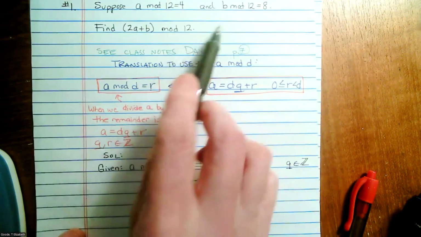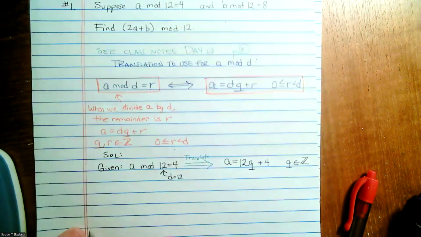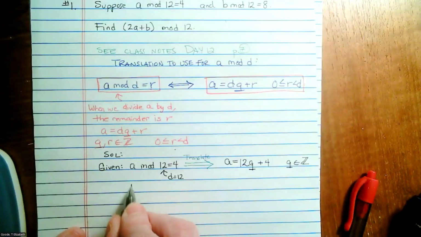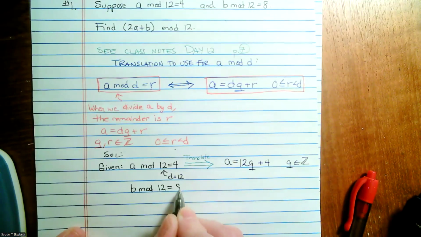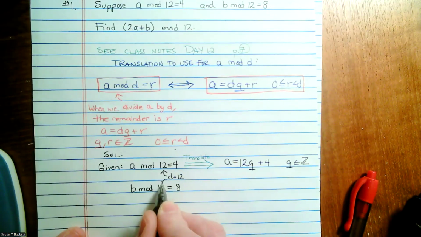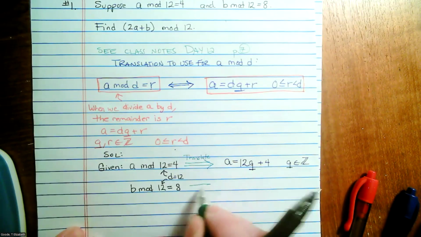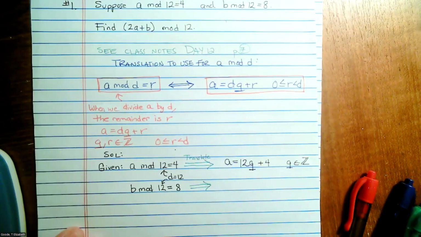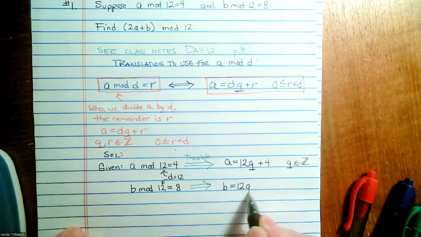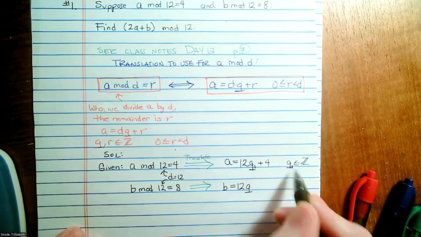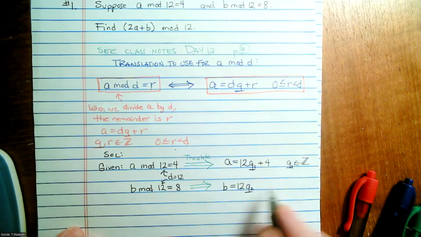We're also given that B mod 12 is 8. That means that when we divide B by 12, the remainder we get is 8. It's the same divisor. So when we translate that to an equation about B, it tells us B is 12 times Q, I'll call this Q1 and we'll call this Q2, plus 8.